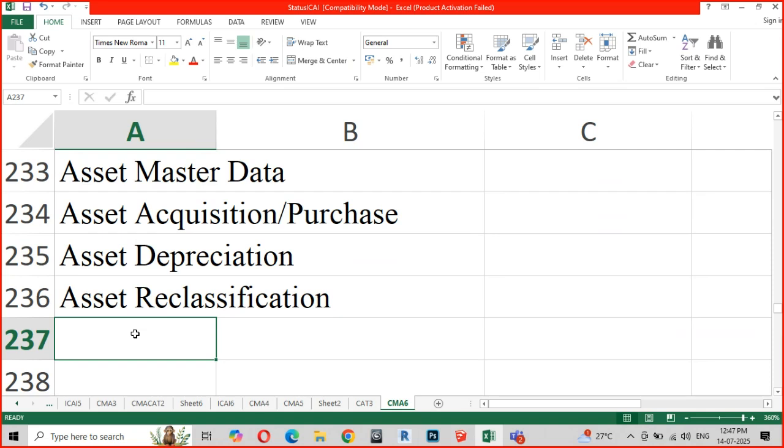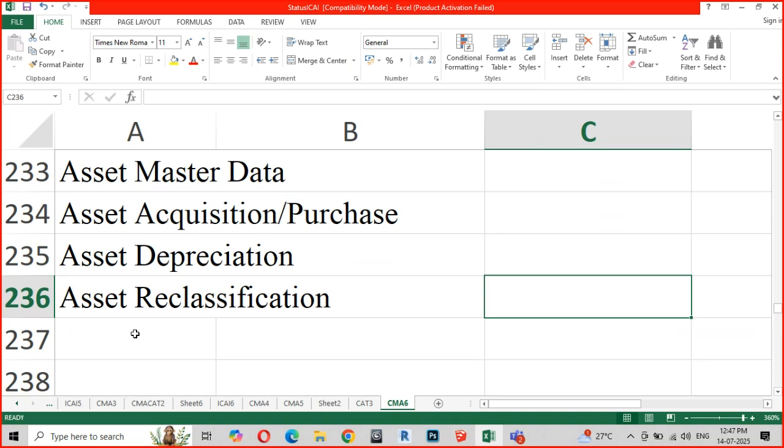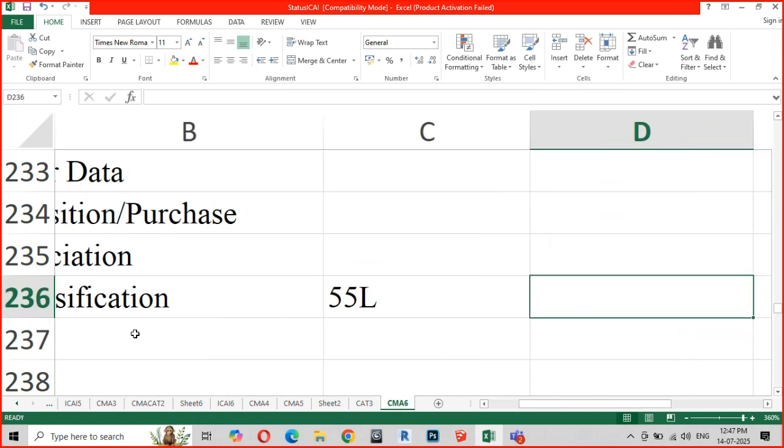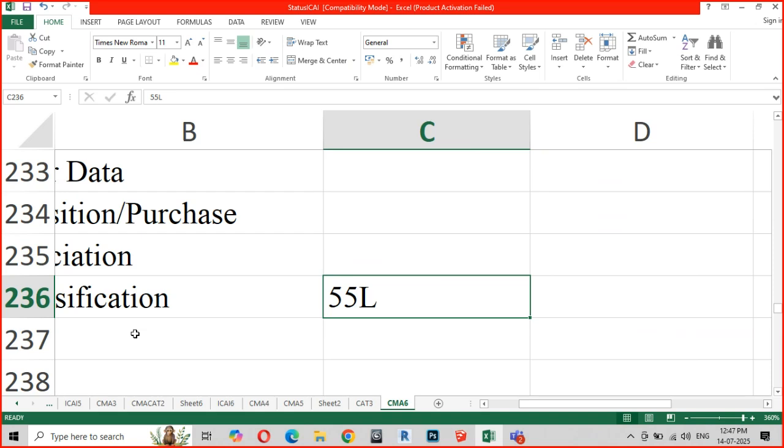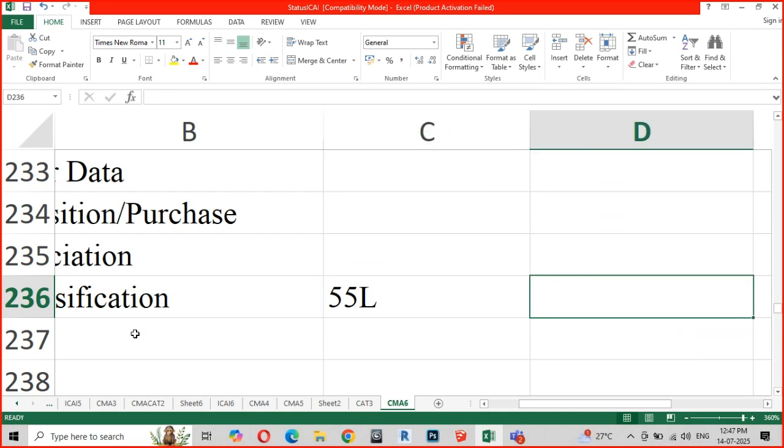Now suppose 5 years ago, you purchased plant and machinery worth around, say, 55 lakhs. Today, after depreciation, you have the asset value at, say, 20 lakhs. Just an assumption. As per your books, it is 20 lakhs.